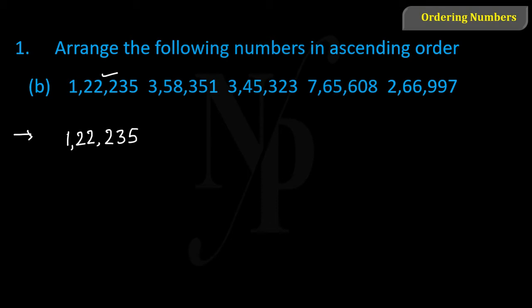Looking at the digits at the lakhs place in the rest of the numbers, we see here 2, which is less than 7, 3 and 3. We write this number, 2,66,997, in the second place, as the second smallest number.